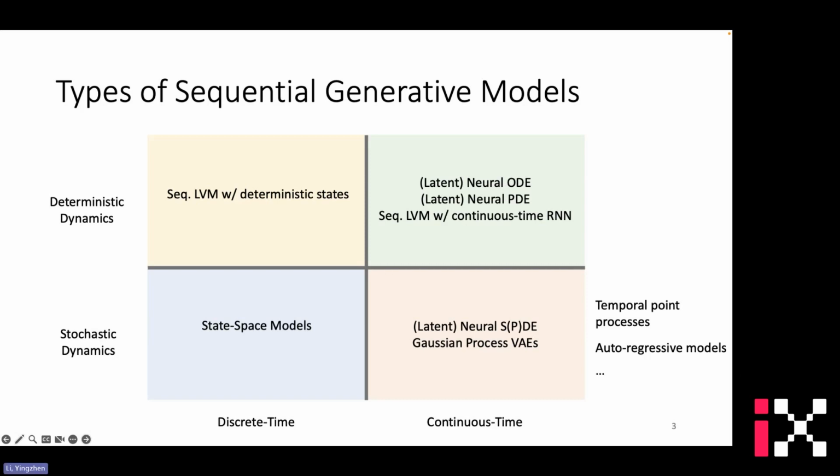There are definitely other kinds of models not strictly speaking within this classification, such as temporal point processes, which are something very interesting, and obviously also autoregressive models.